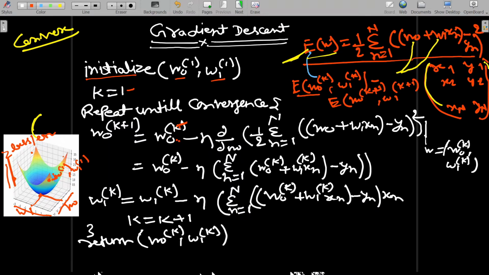So if you take the error at the kth point and the error at the k plus 1 point, the difference should be less than epsilon, and this epsilon is nothing but a sufficiently small number, epsilon greater than 0, so it is tending towards 0.